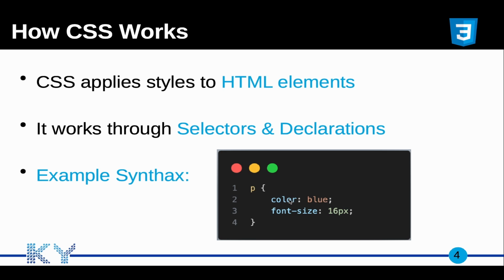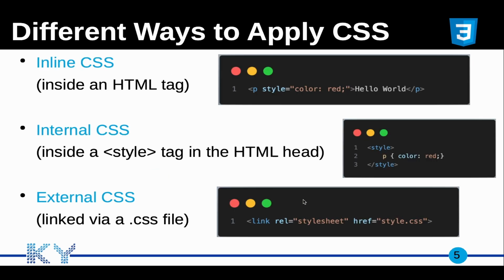This is what was working, and I don't think that has changed now. So we use American English when we are making our rules. Then, the different ways in which we can apply CSS: like I said earlier, we have the inline CSS, the internal CSS, and the external CSS.